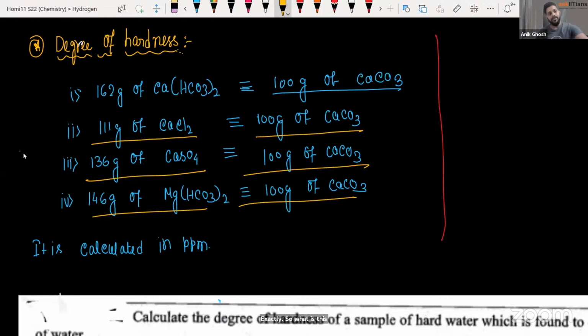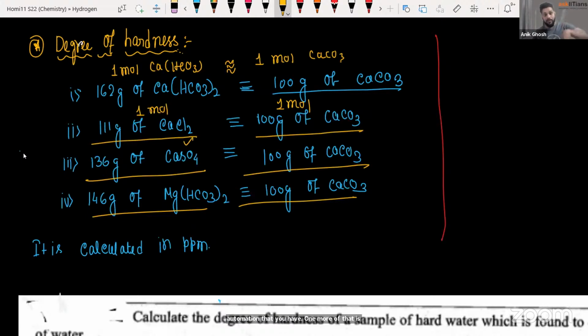It's nothing but, guys, 1 mole of calcium bicarbonate is equivalent to 1 mole of calcium carbonate. Whatever compound of calcium or magnesium you have, 1 mole of that is equivalent to 1 mole of calcium carbonate. I am just writing the molecular mass of those compounds. So how do you solve these questions? Let's see.